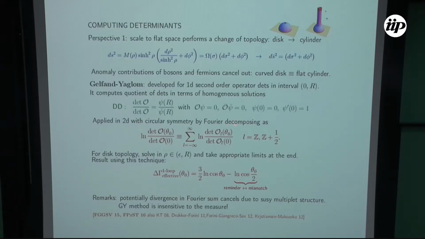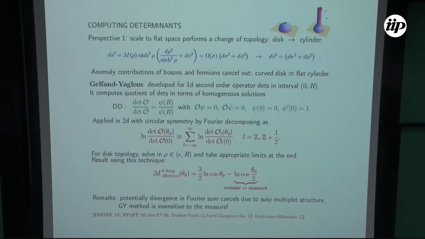For each Fourier mode, compute the determinant using the Gelfand-Yaglom technique, which involves solving for the homogeneous solution of the differential operator. This is something we did, and it didn't work. We ended up with the expected result and an additional piece. And Kostya will comment on how he managed to solve this.